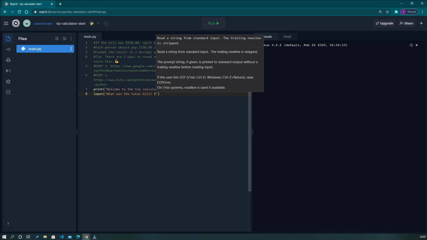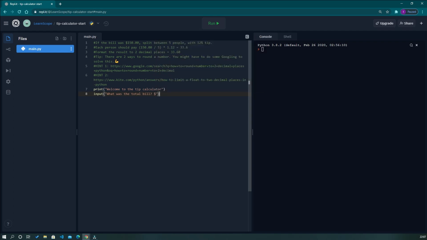And we want it in dollars. I want to store this information, so I'm going to store it in a variable called bill. Bill equals input. Let me just run this. $100. I'm going to use the example they've given us. 150. Okay.